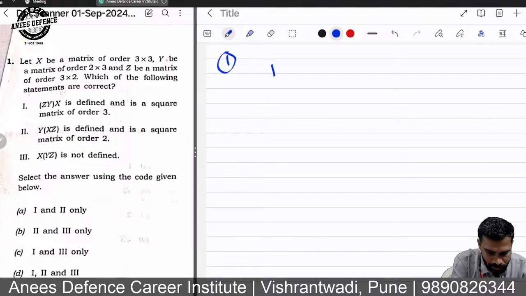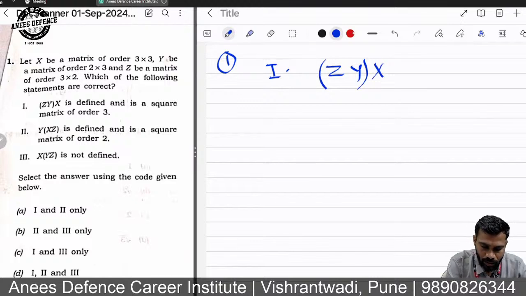In this, the first statement, Z, Y, X. We have to find out the order of this matrix. What is the order of Z? It is 3 by 2. Similarly, the order of Y is 2 by 3, and the order of X is 3 by 3.